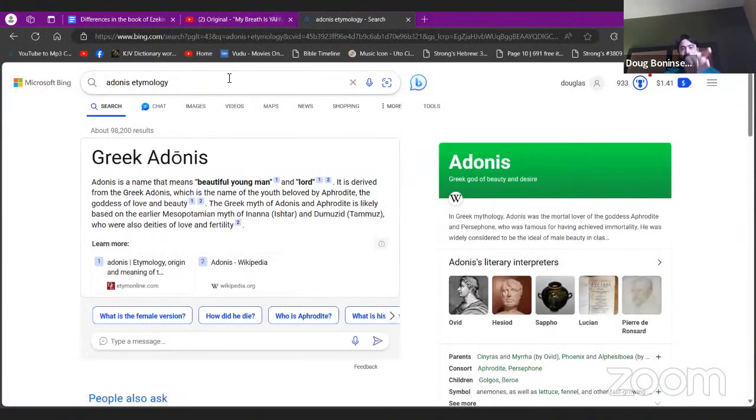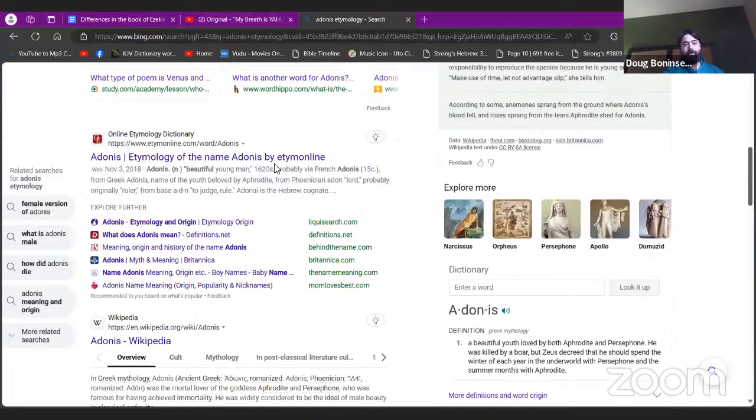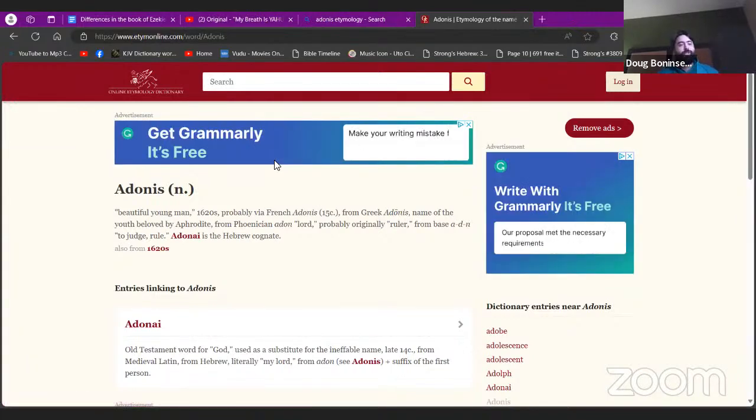This is the equivalent to Adonai. And this is just something for you guys to understand: if something's a Greek equivalent to a Hebrew, it shouldn't have a completely different phonetic. It should not sound like a completely different word. So what I'm trying to say is, okay, here we go.